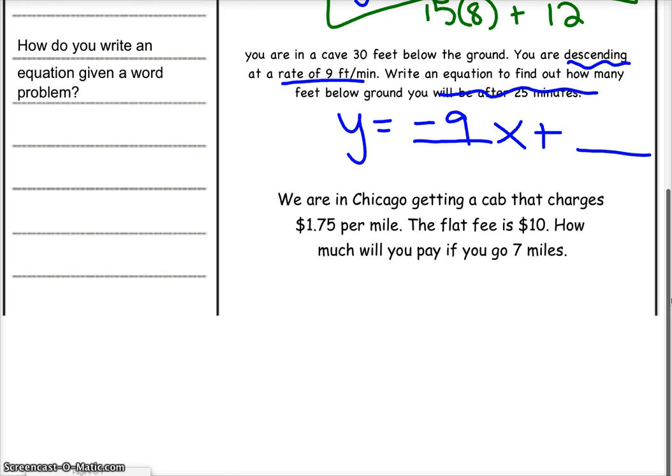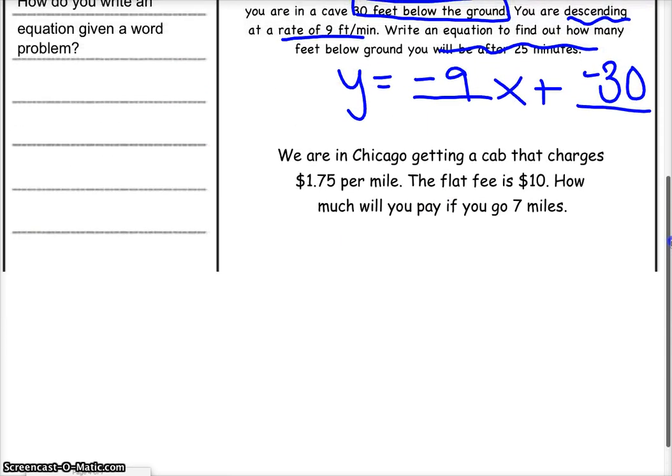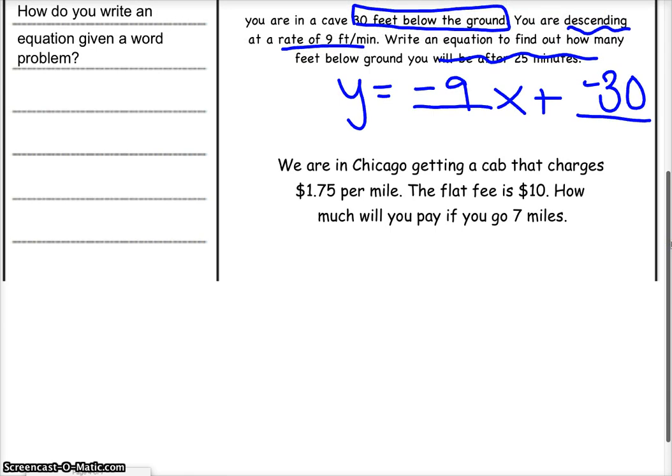I started 30 feet below the ground. What does below the ground mean? Negative. Negative 30. Okay? Again, I know it's going to look something like this. Rate times x plus where I started.